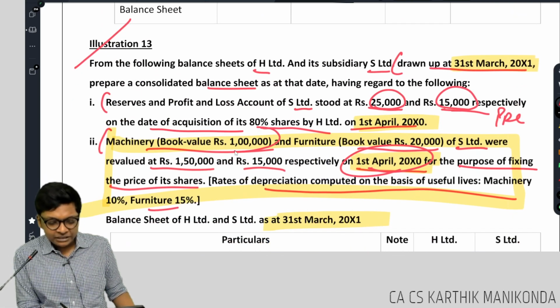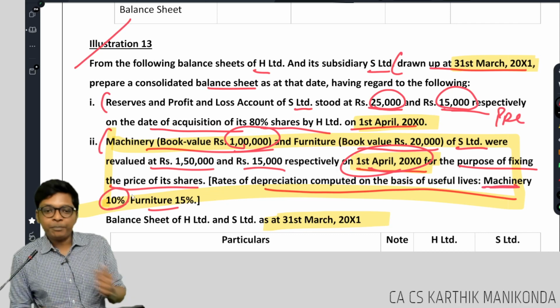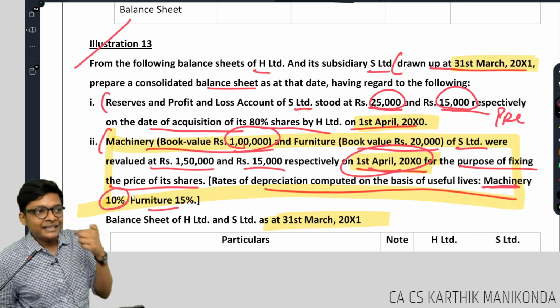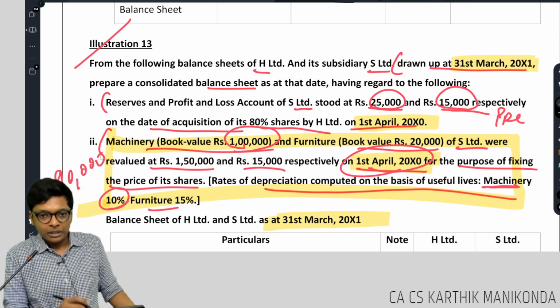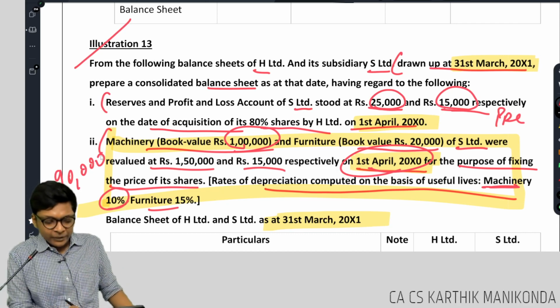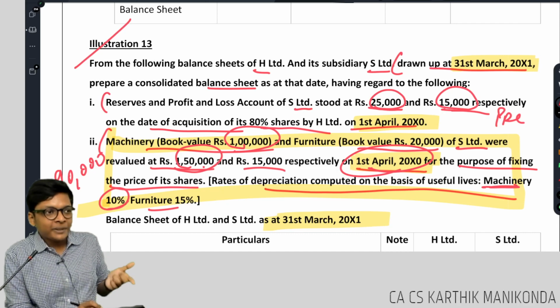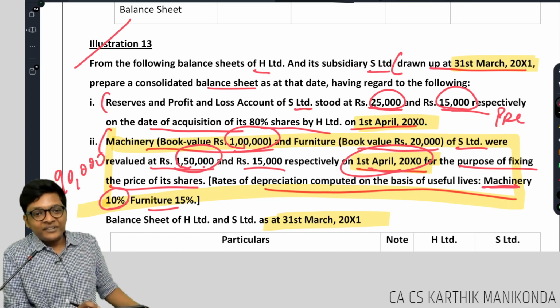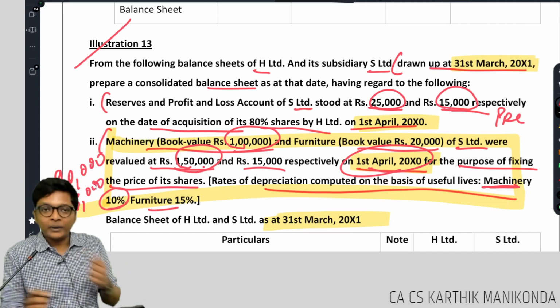Book value is 1 lakh, depreciation on machinery is how much, guys? 10%. So 1 lakh minus 10% depreciation is how much, guys? 90,000. If revaluation is done, the value is 1 lakh 50 minus 15,000 depreciation, which comes to 1 lakh 35,000 as the book value.